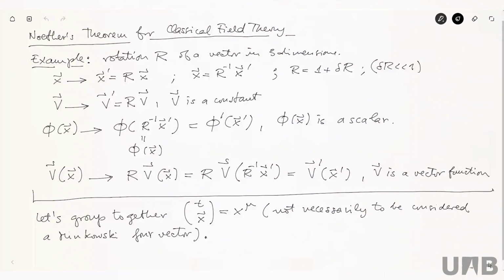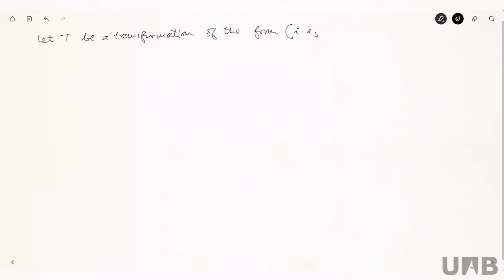Now, so now we're going to talk about transformations. So let T be a transformation of the form, and this means that we're only going to consider continuous and infinitesimal transformations.